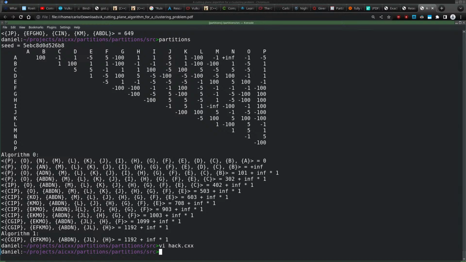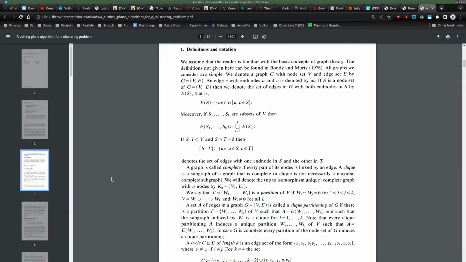All our cliques are complete, and they are completely separate. Then they have a new notation, namely square brackets with a colon in between, which means all the edges with one endpoint in S and the other endpoint in T. Well, those edges do not exist, or they have a weight of 0 in our case.